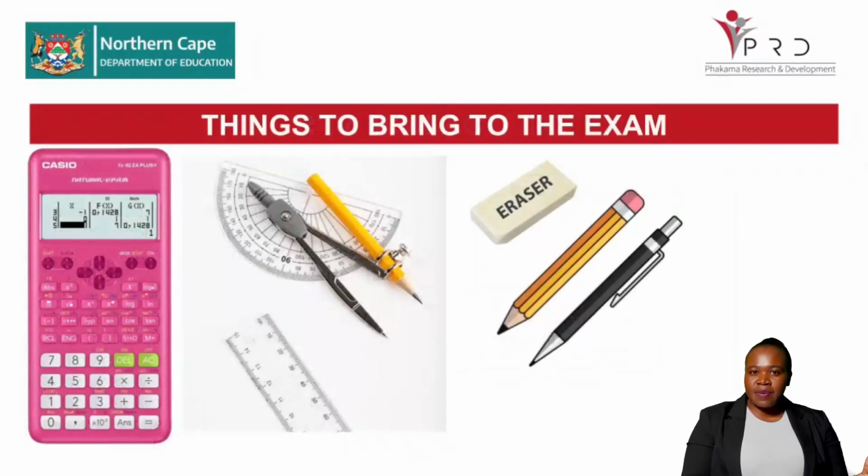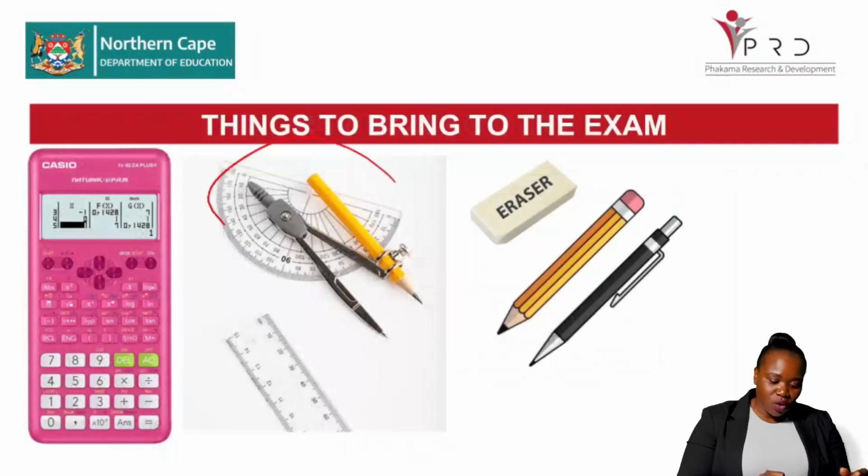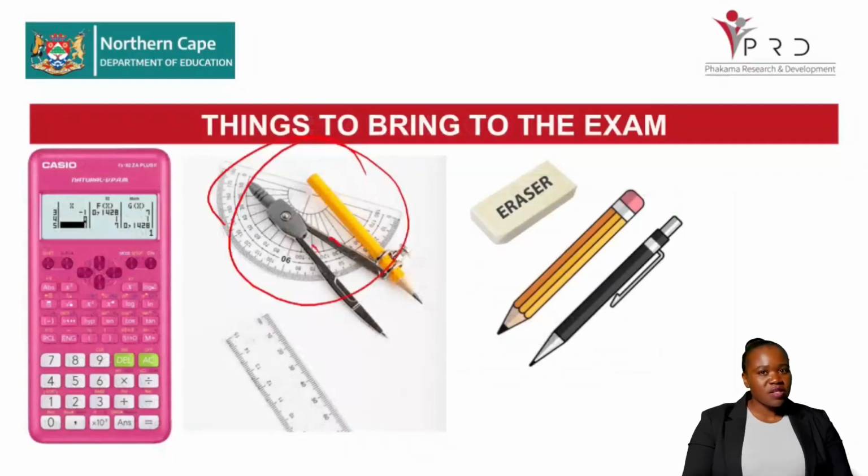If you are expected to draw a pie chart, always have those segments calculated before you draw your pie chart. Use the correct instruments for your pie chart, heading on your graphs and your tables and drawings. So make sure you bring everything that is going to be needed there. There's definitely going to be calculations, graphs, and other drawings. So make sure you come prepared.